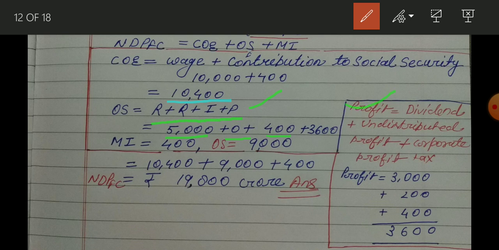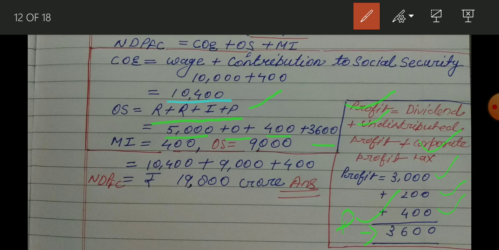So profit is the sum total of dividend, undistributed profit and corporate tax. When we add 3,200 and 400, we get 3,600. Okay student, now the value of profit is 3,600. So we will put the value here.